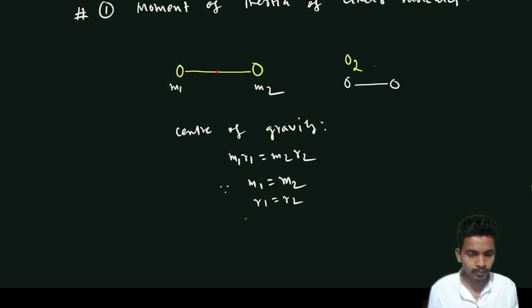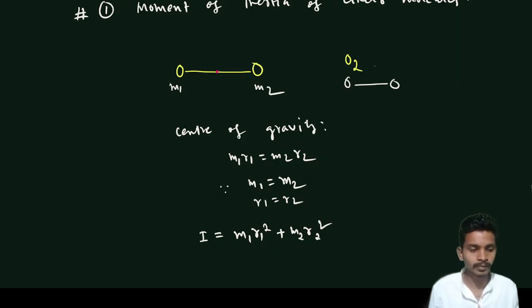So what is the moment of inertia? Here I will take it directly: M1 R1 square plus M2 R2 square. If the atoms are the same, then we can directly take M1, no need to take reduced mass. Why we need reduced mass, we will discuss.